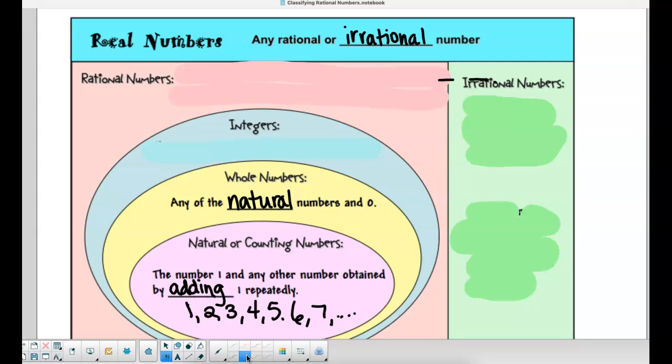Okay? So when we're talking about whole numbers, it's all of these numbers. 1, 2, 3, 4, 5, 6, 7, and so on. But we also add 0 to it. So it's 0, 1, 2, 3, 4, 5, 6, 7, and so on.